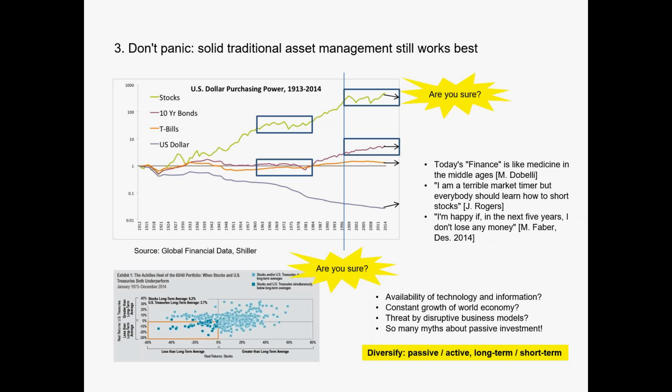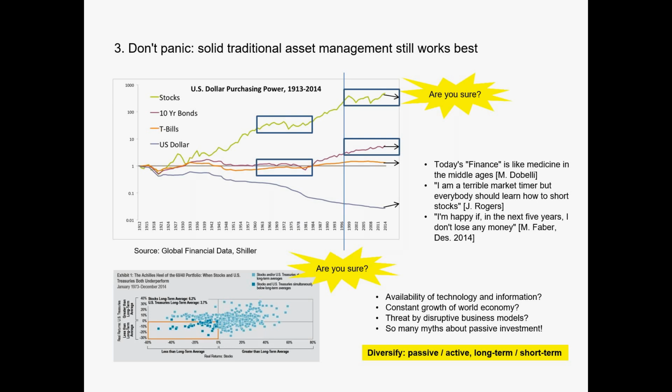If you make this long historical analysis, then typically the result is yes, it's still the best strategy. But then also a fact is that in the last 15 years it did not really work.